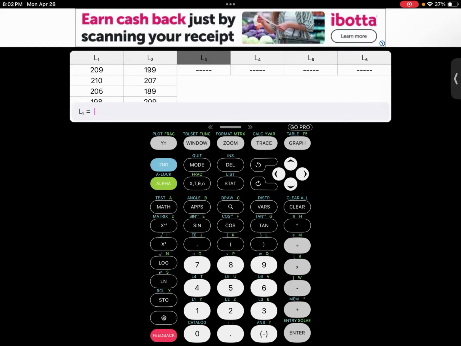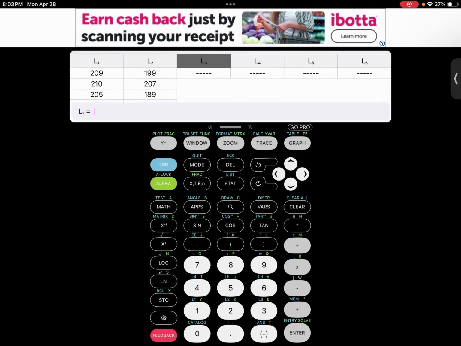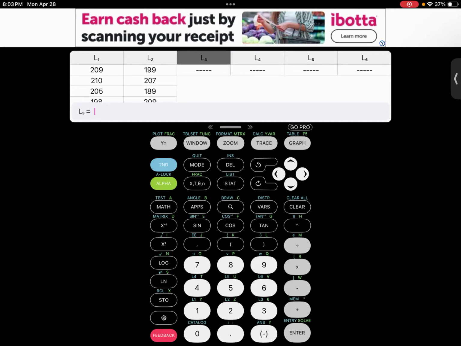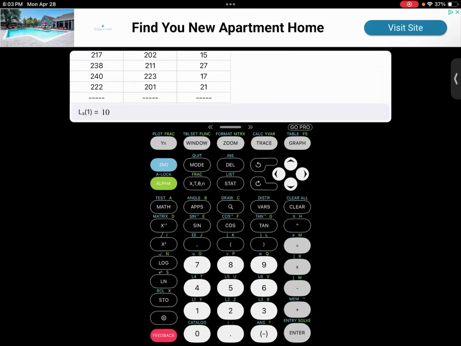So hopefully you entered in the data, list one being before, list two being after the diet. All right, so we need to create a list three, and to construct our hypothesis we said L1 minus L2. So click on L3, highlight, make sure it's pink, press second L1 minus second L2. And that's what you should get. So you generated a whole new L3.